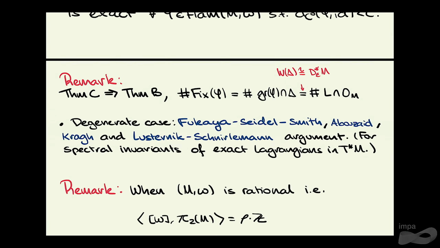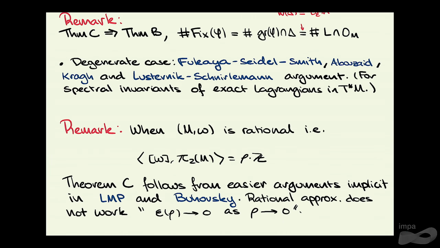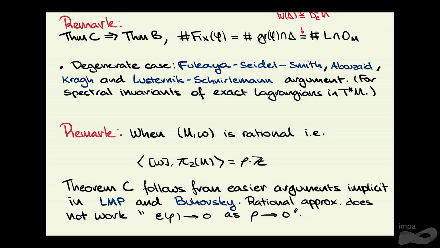Just a quick remark here. When M is rational, meaning that the symplectic areas of spheres form a rational subgroup of R, then theorem C, the exactness of the graph for a small Hamiltonian diffeomorphism, follows from easier arguments which are already implicit in the work of Lalonde, McDuff, and Polterovich, and the work of Buhovsky.